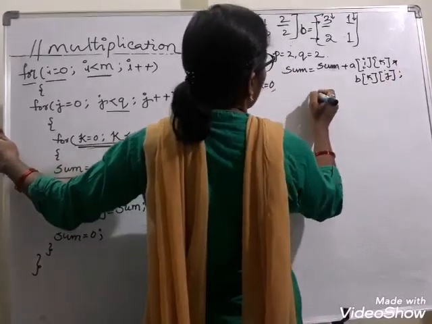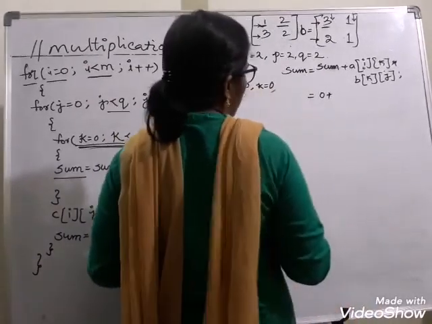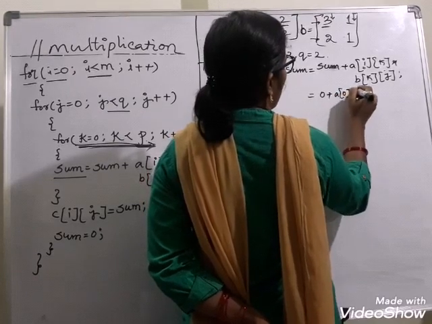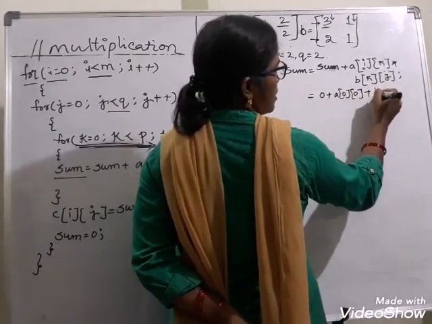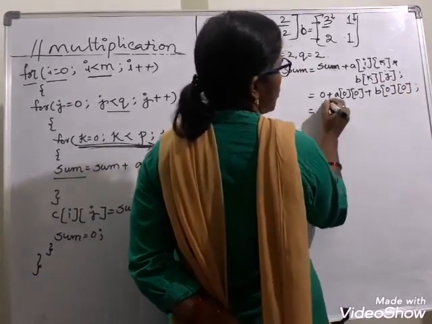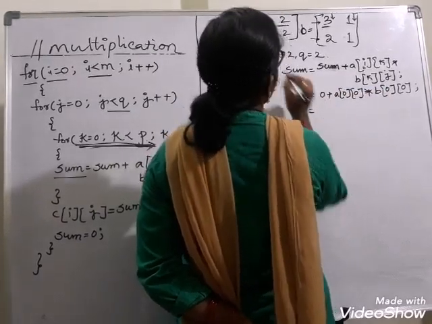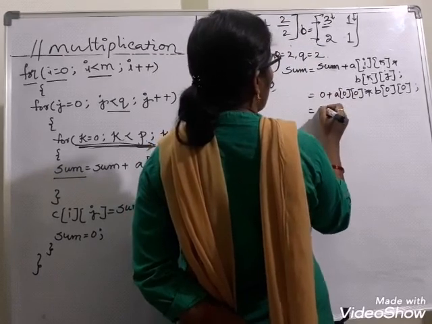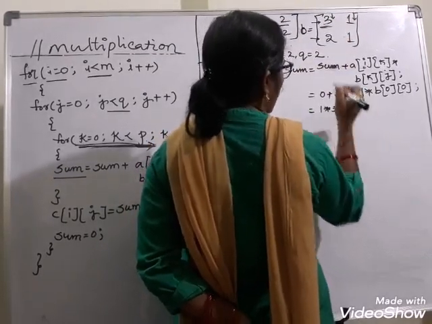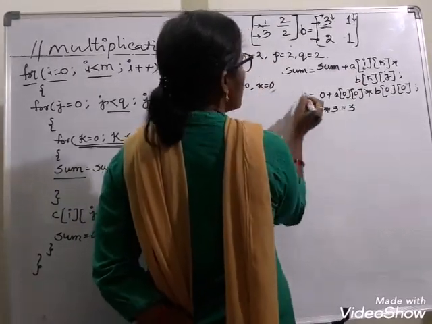Don't worry, after writing 2 and 3 numbers, you will understand why you have taken k and j. k is a new variable. So a[0][0] plus b[0][0]. Your sum is already 0, so don't worry. You must multiply this. So this is your first number, 1 into 3, so 3.